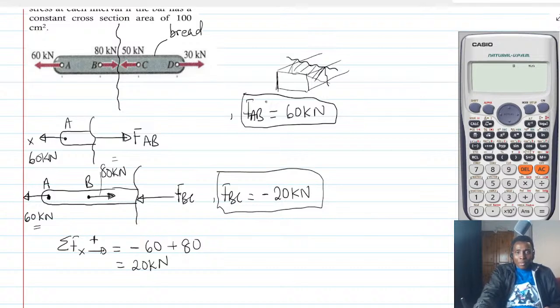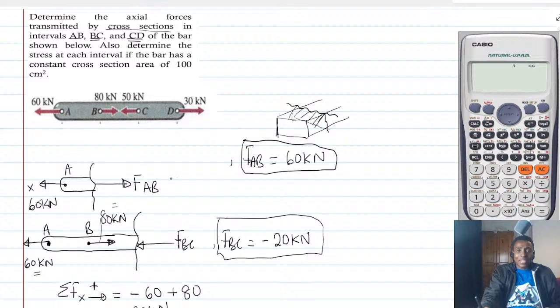So now, what else can we do? Okay. So we will come here, but this time around, we are going to cut between C and D. Alright?